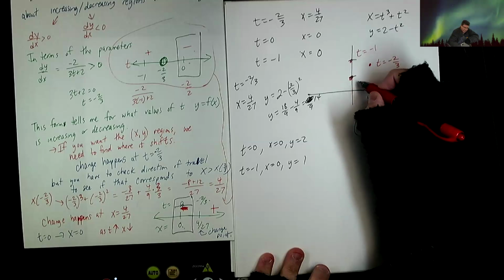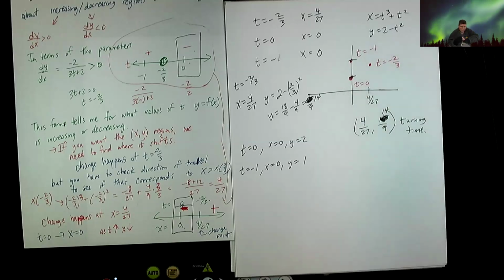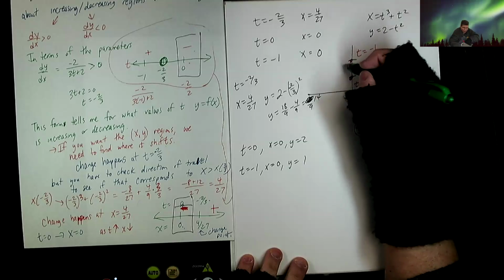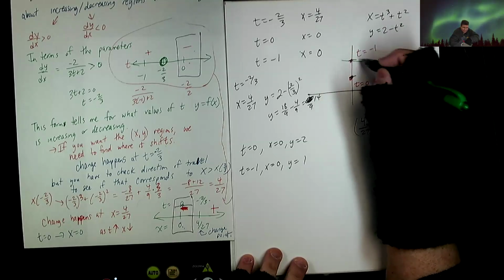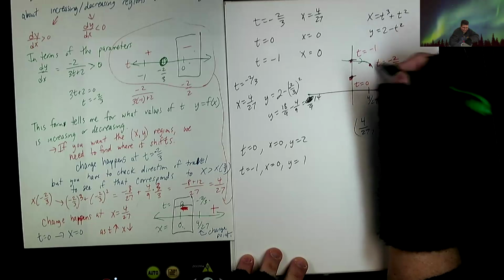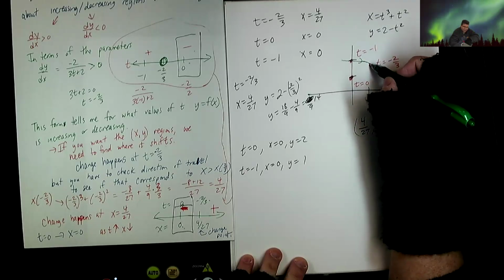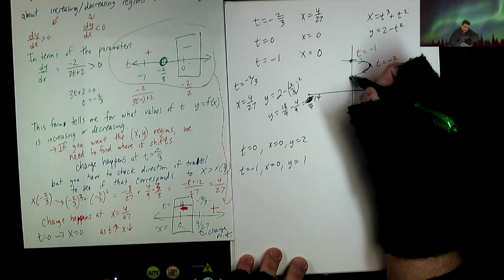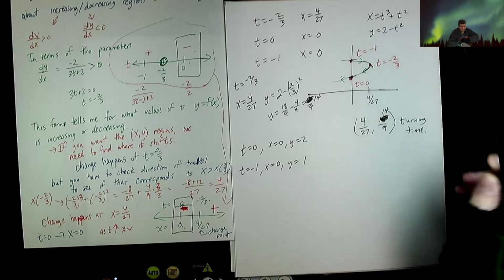And t equals 0 is here. I don't know where it turns, but apparently it's coming along like this. It probably turns there. It's going like that.